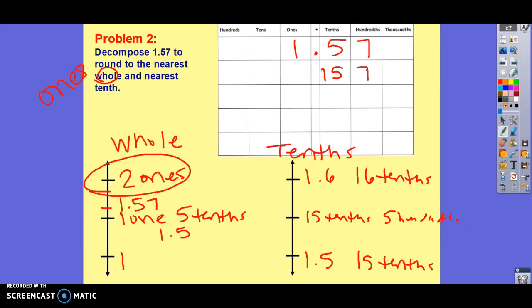So now we need to figure out where 1 and 57 hundredths would lie on this vertical number line. It's going to be right above 15 tenths 5 hundredths, so it's 15 tenths, 7 hundredths, that's more than the 5 hundredths. We're going to round to 1 and 6 tenths.